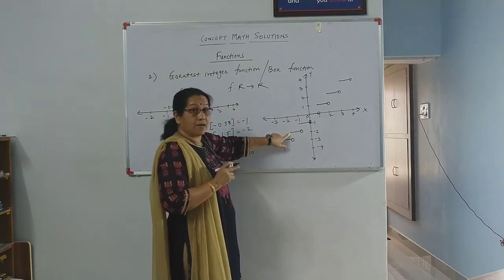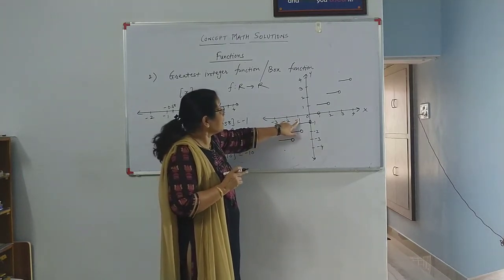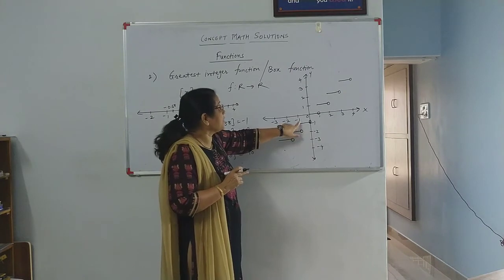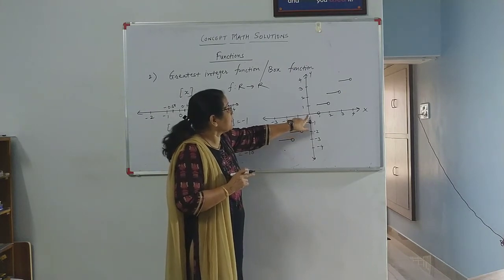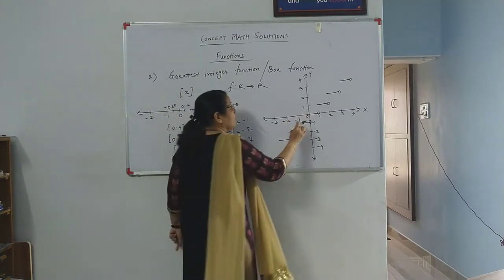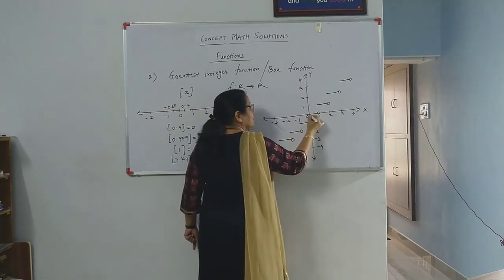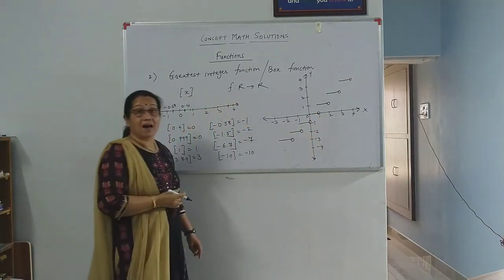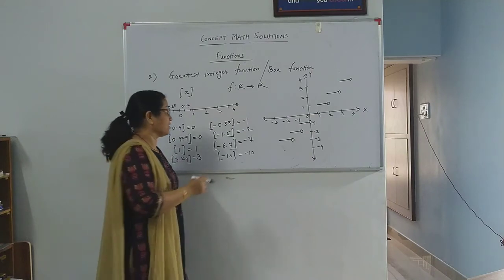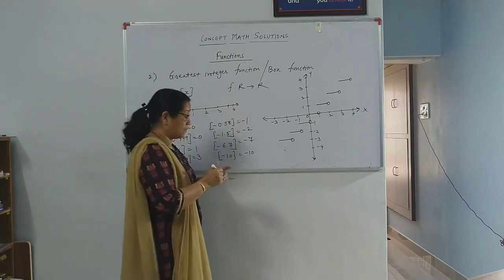So it's included. But when x becomes minus 1, its image is minus 1. But suppose x becomes 0, its image is 0. Therefore, this is a hollow circle. And for 0, it is this. That's the graph of the greatest integer function, which goes in a stepwise manner.